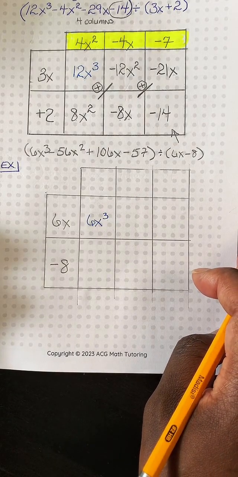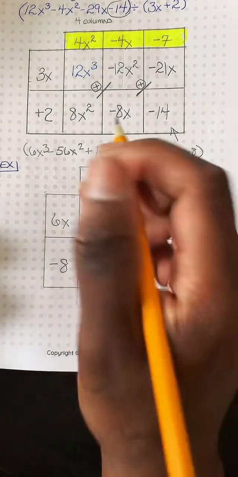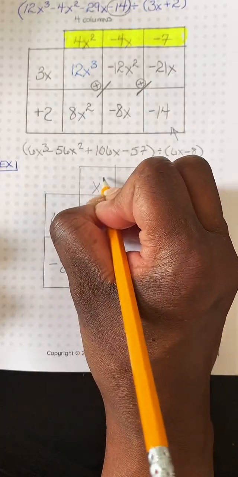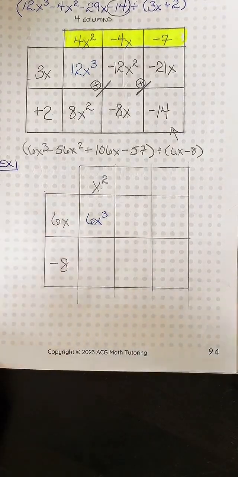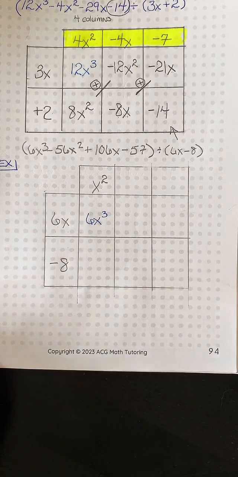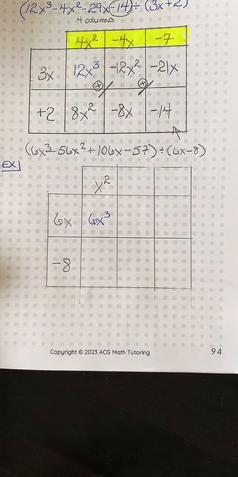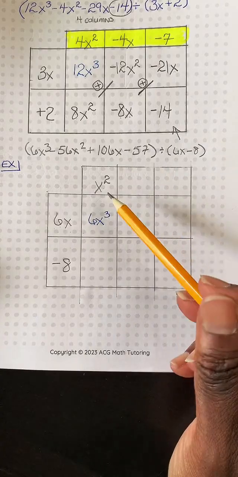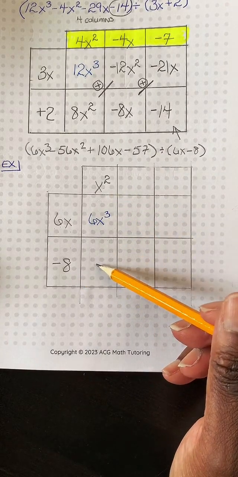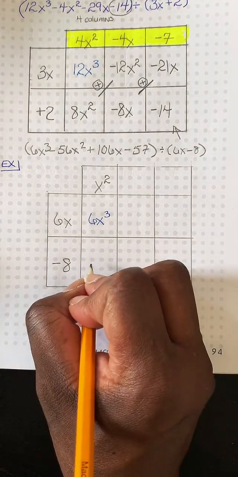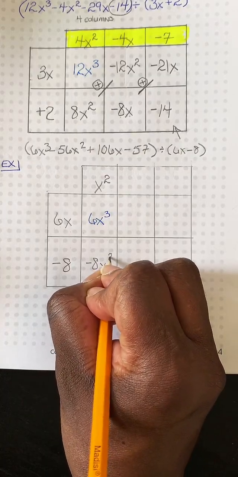Put it over the divisor. So we have 1x squared. Remember, 6 divided by 6 will give us our 1. Now we're going to use that x squared and multiply by the negative 8. So this will give us negative 8x squared.